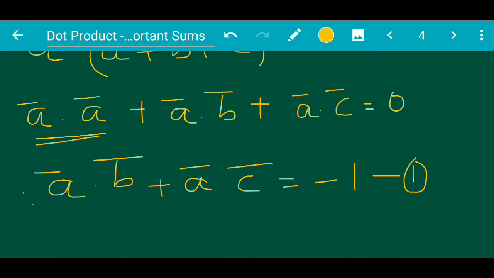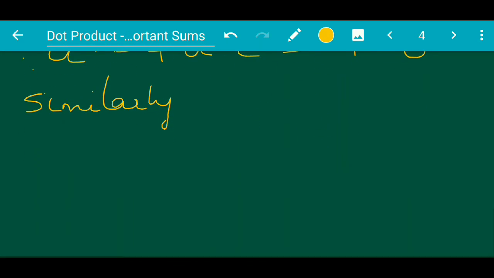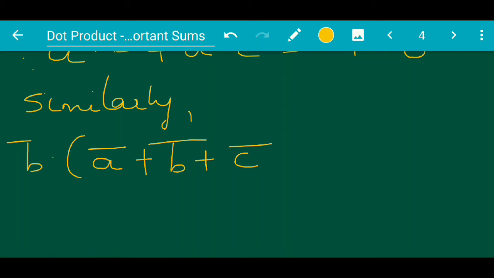Now similarly, we can take the dot product of a plus b plus c with b bar as well as with c bar. So similarly, b dot (a plus b plus c) will be written as b dot 0.